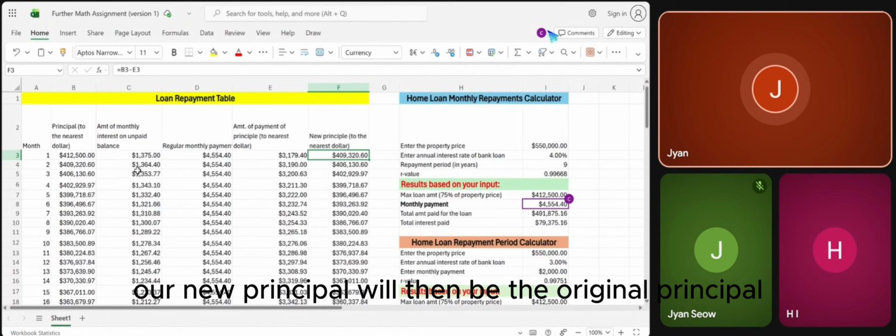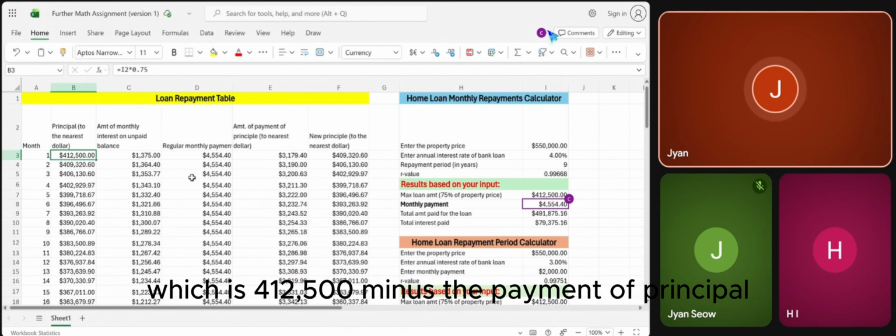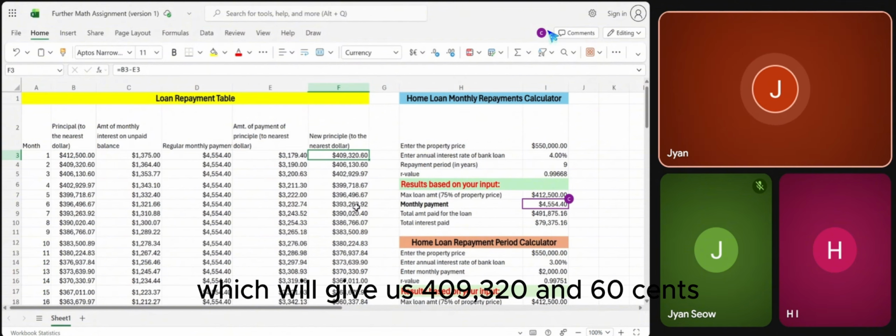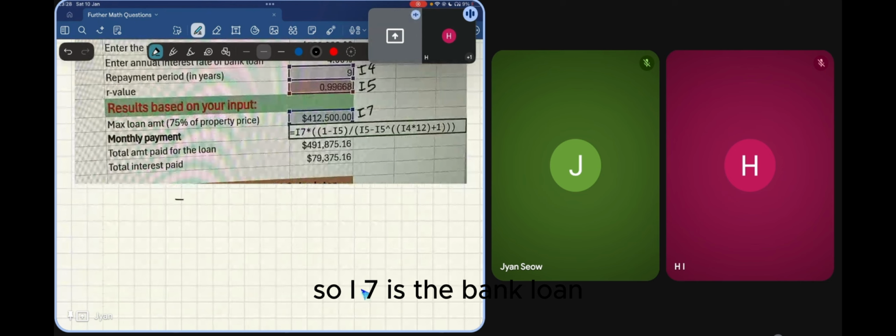Our new principal will then be the original principal, 412,500, minus the payment of principal, which gives us 409,320.60.